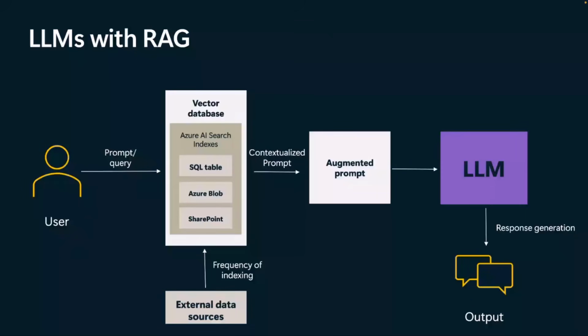It's basically a physical copy of our data from these data sources. Then it adds that context to the prompt itself. It basically embeds that, and then that augmented prompt is sent to the LLM. Now the LLM has better context and the generated response is more accurate.